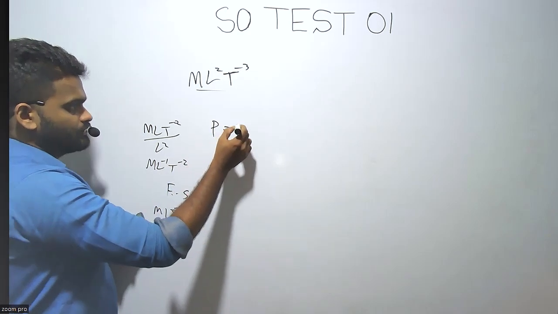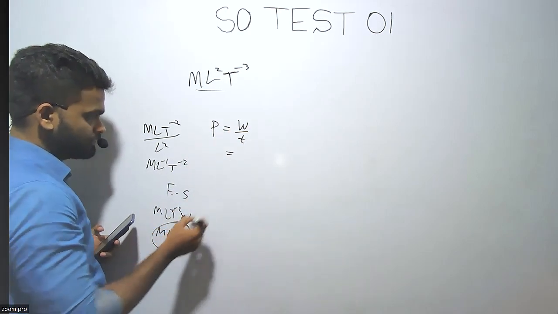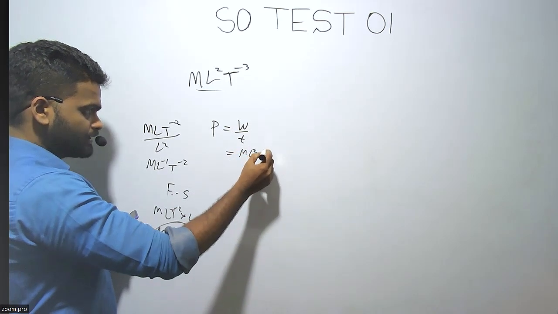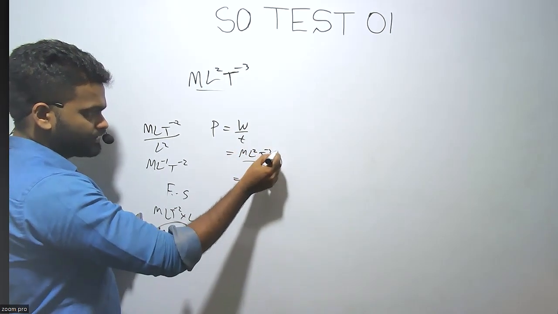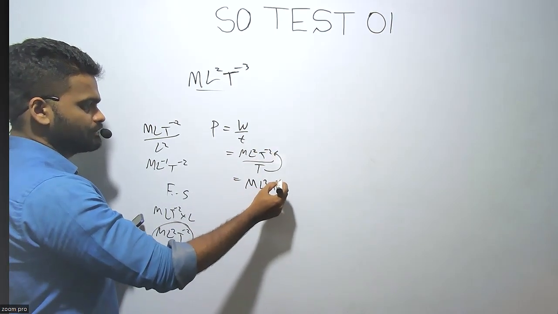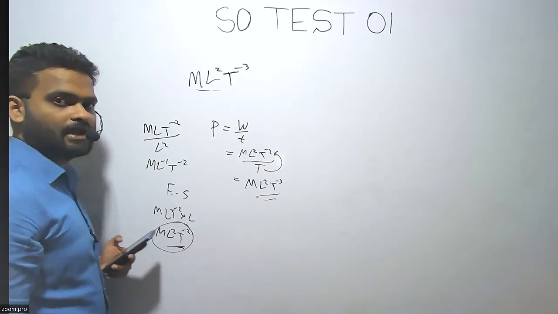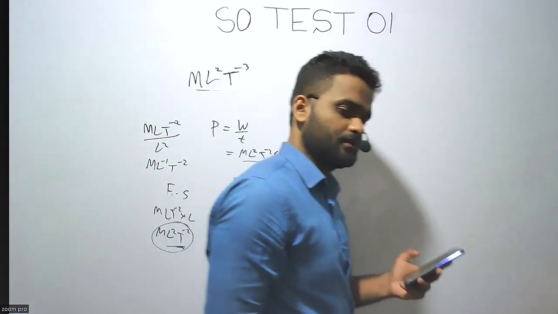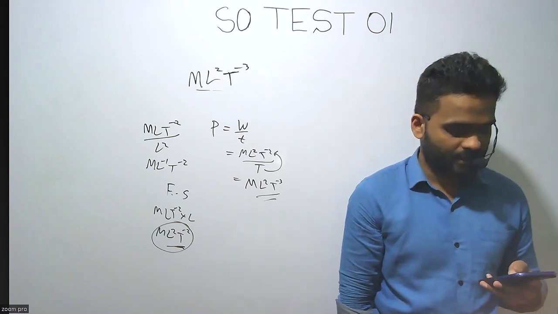If I recall, power is work divided by time. So work is M L^2 T^-2 divided by time, that is T. So it is M L^2 T^-3. So power has these dimensions, M L^2 T^-3.